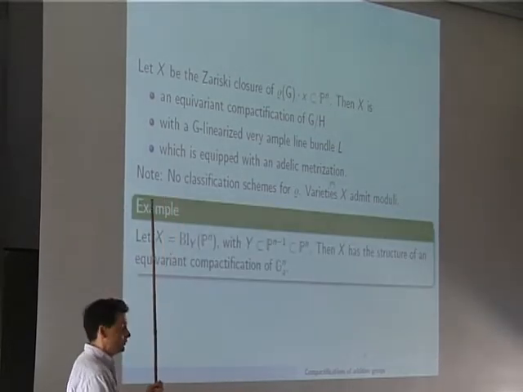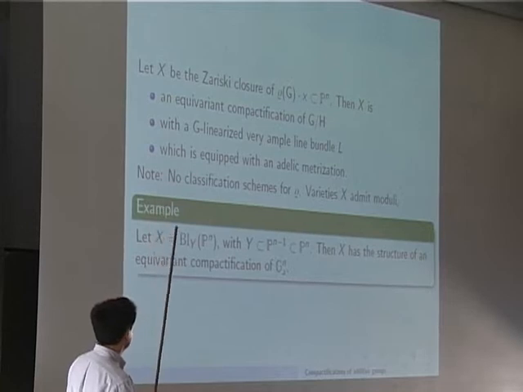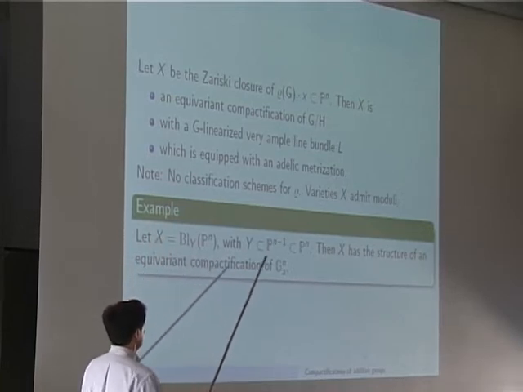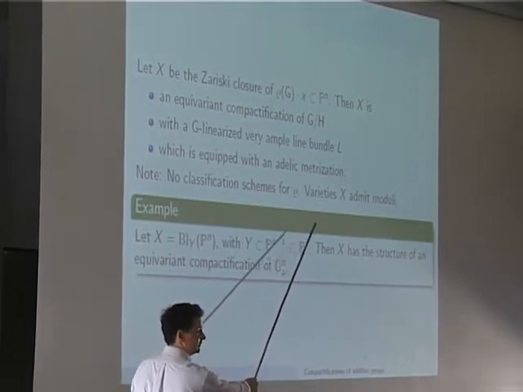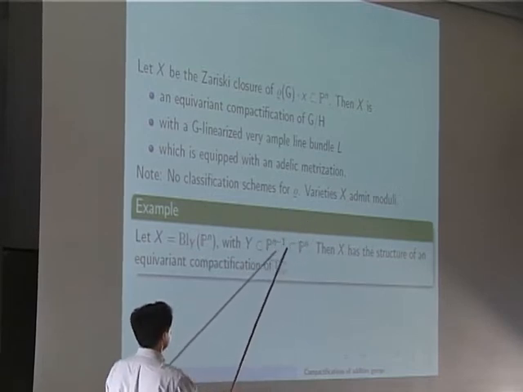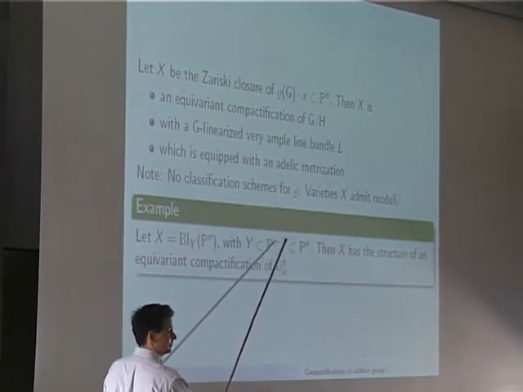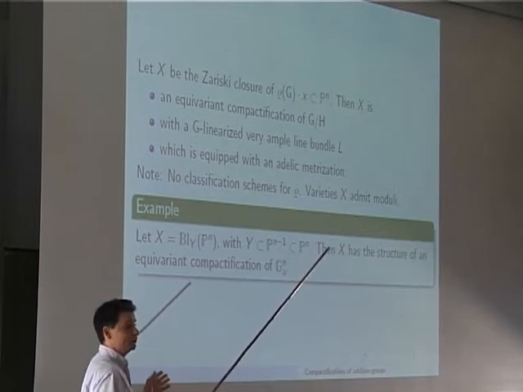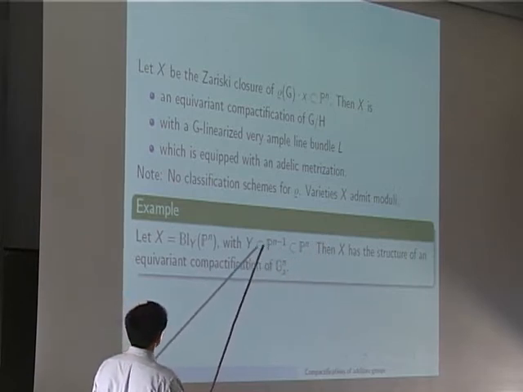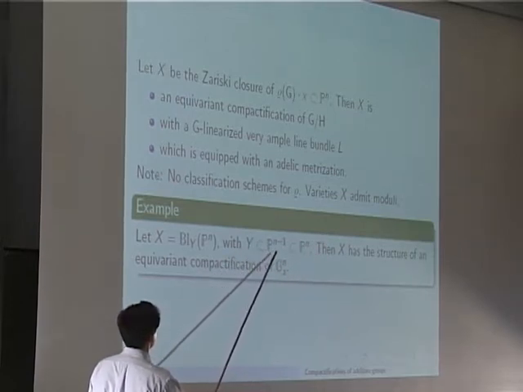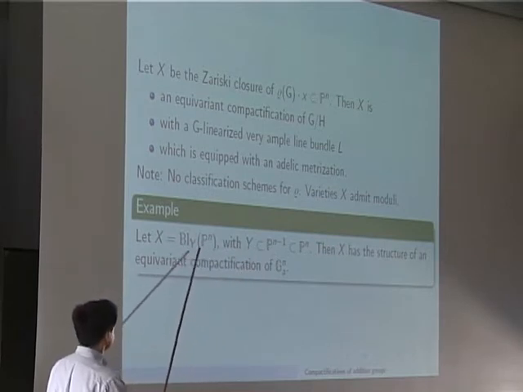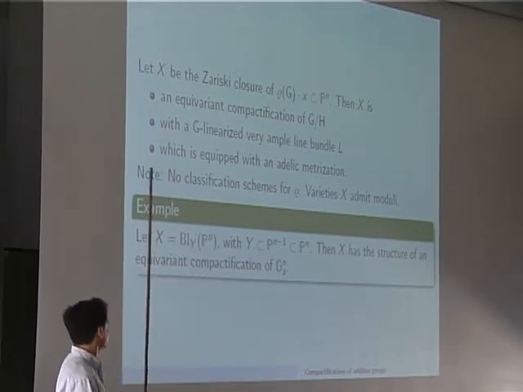So here is an example of an equivariant compactification of the additive group. Take P^n, it's a compactification of the affine space A^n, so there is a P^{n-1} in the boundary. Now take anything you like in that boundary, any subvariety of P^{n-1}, and blow up P^n with center in this subvariety.